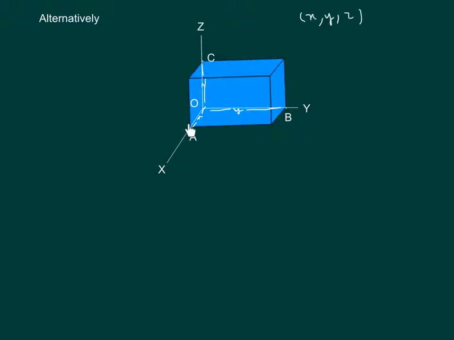From point B, draw a plane parallel to the ZX plane. And through point C, draw a plane parallel to the XY plane.